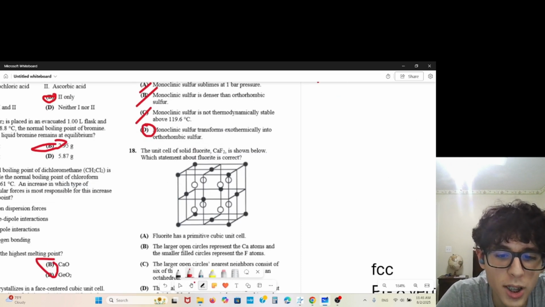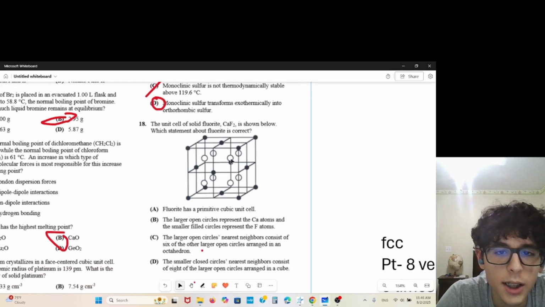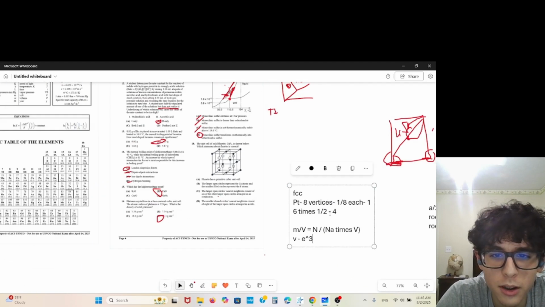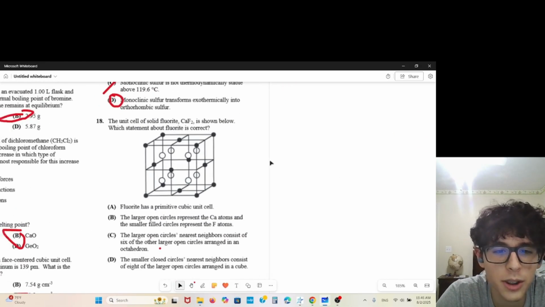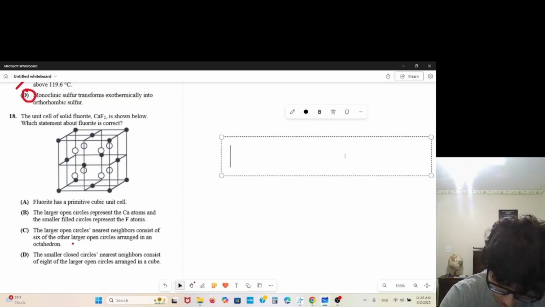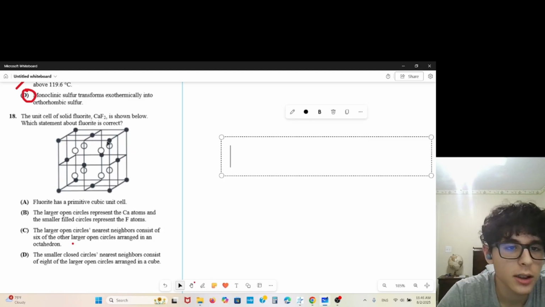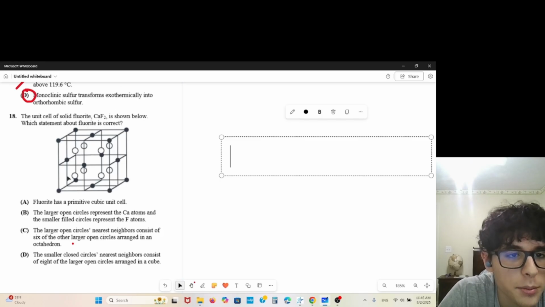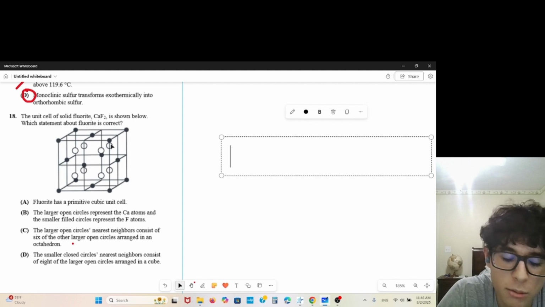Okay, now, the unit cell of solid fluorite is shown below. Okay, this is a weird question, but it's not too difficult, right? Because, okay, so you have FCC, right? And you're going to have vertices and faces occupied by atoms of, well, which one is which, right?